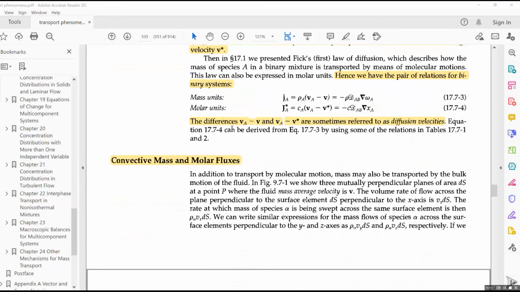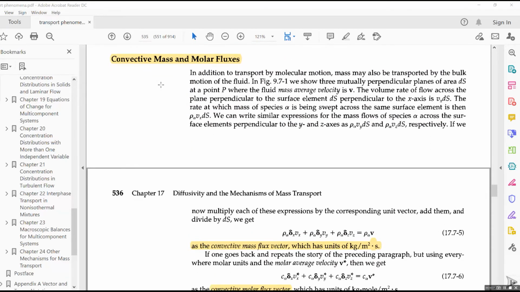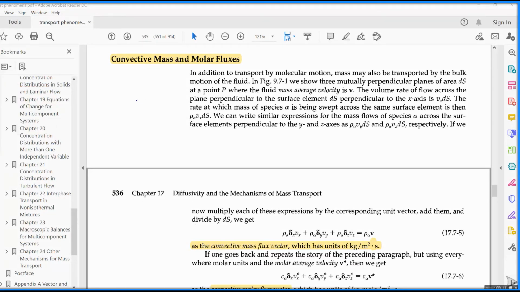Okay, in the next part, convective mass or molar flux. As we defined before, convective transport of the mass was defined with the velocity vector perpendicular to the surface. Let's say this is the x direction: Vx multiplied by rho alpha, the species.